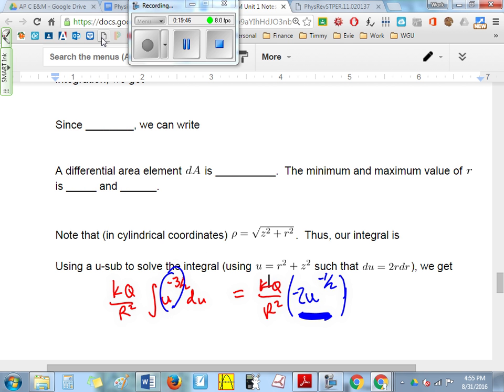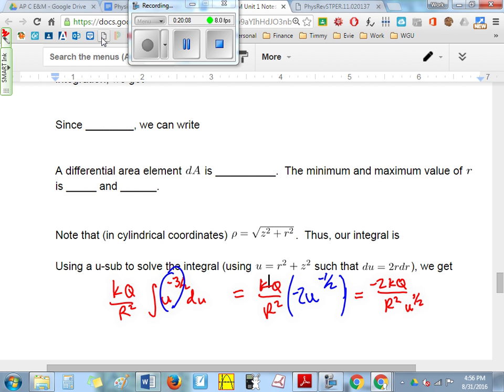I've been a little sloppy with boundaries. The original problem was written in terms of r, and we just changed it to u's, so we better change it back. So right now it looks like this, negative 2kq over r squared, and then there's a u to the half down here.